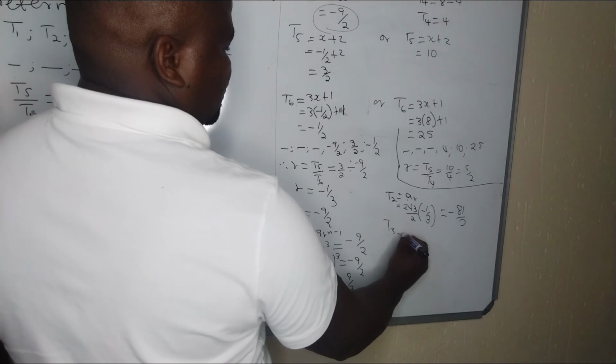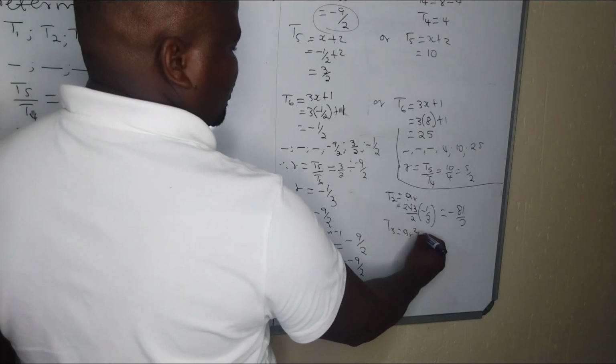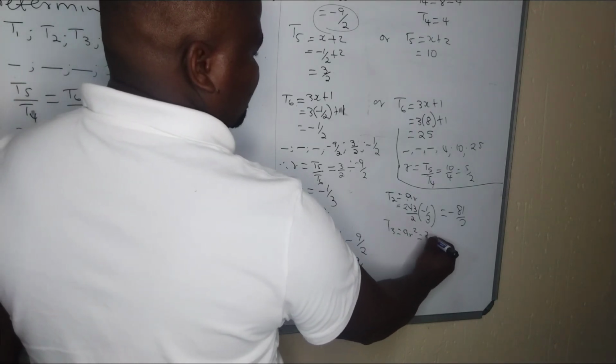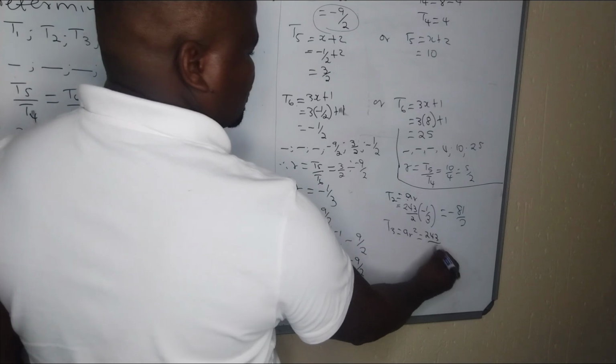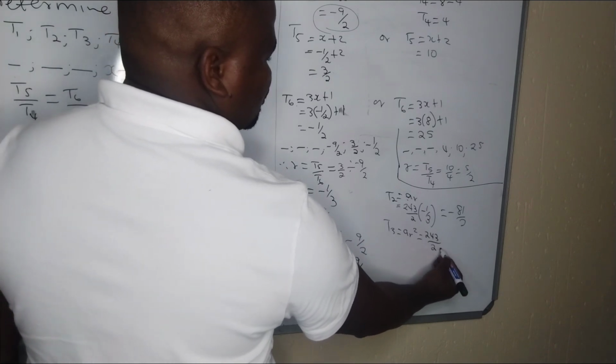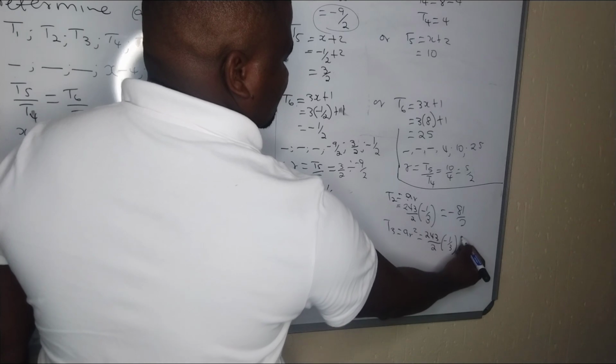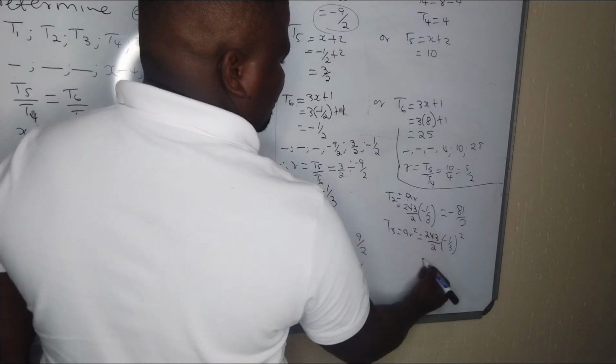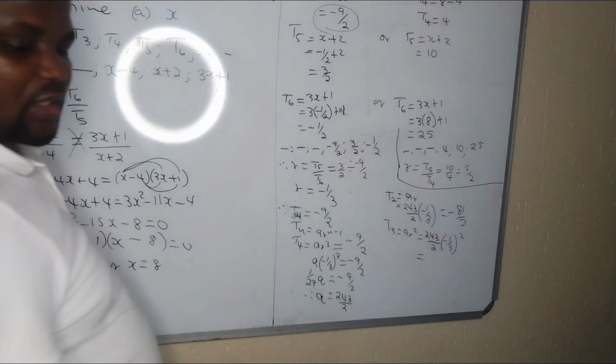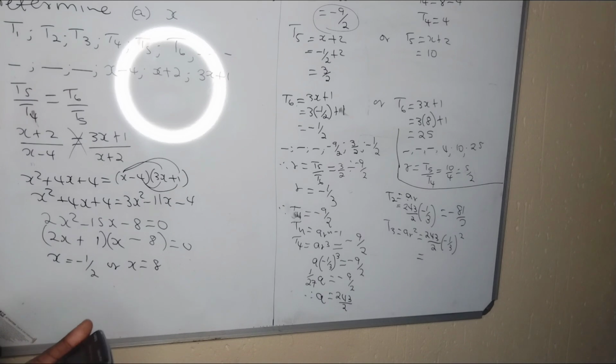T3 is going to be AR to the power 2, which must be 243 over 2 into negative 1 over 3 to the power 2. The answer that you must get there, press your calculator. The answer must be 27 over 2.